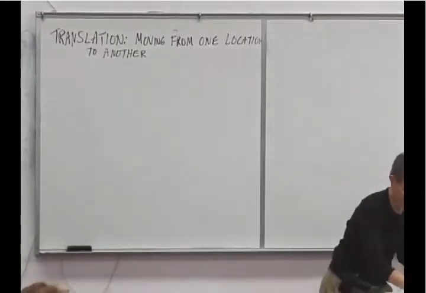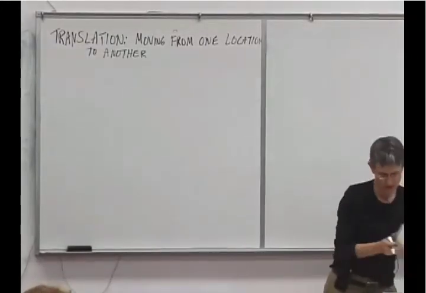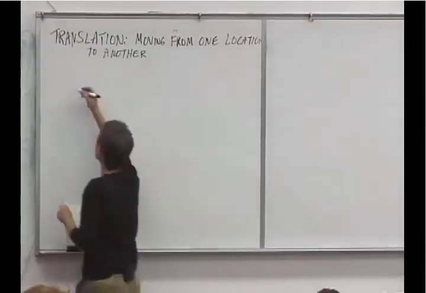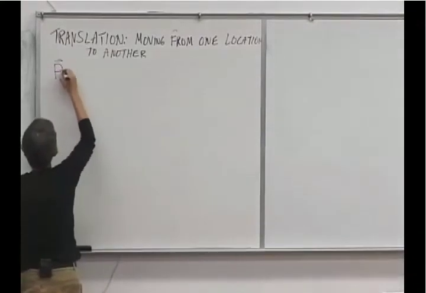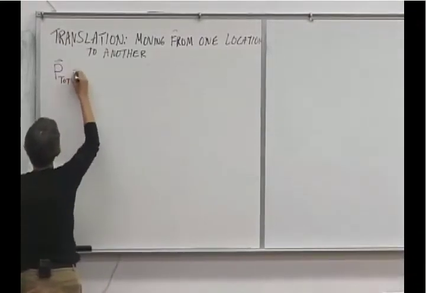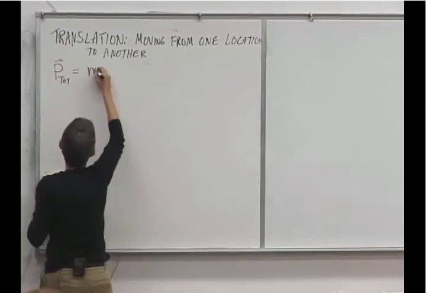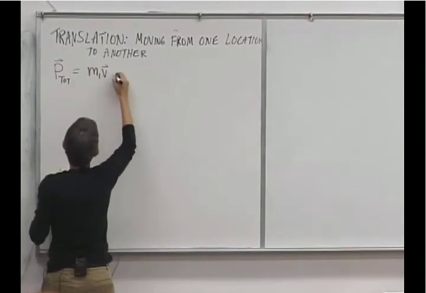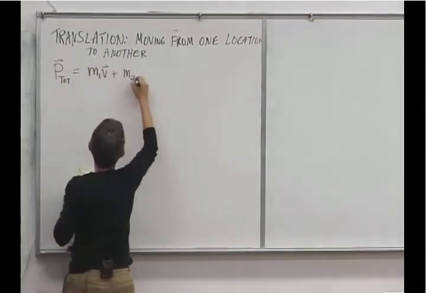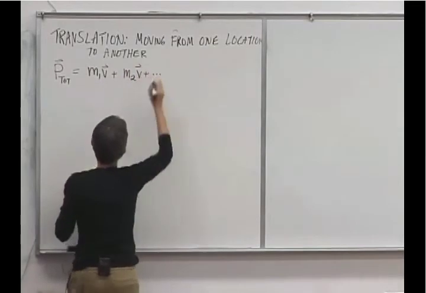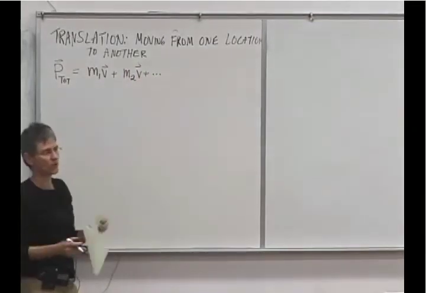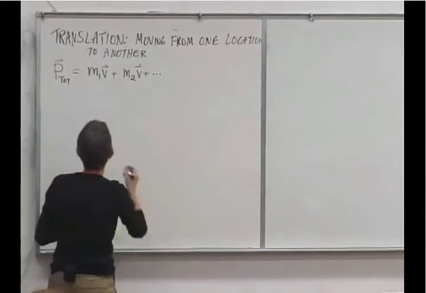So just to get all of our definitions and results down in one place, remember that a long time ago we defined the total momentum of a system as just the sum of the momenta of all its individual pieces, which could be atoms or tennis balls or something like that.